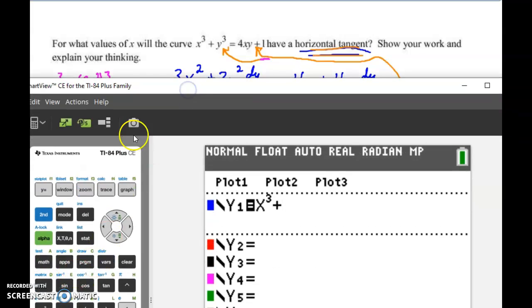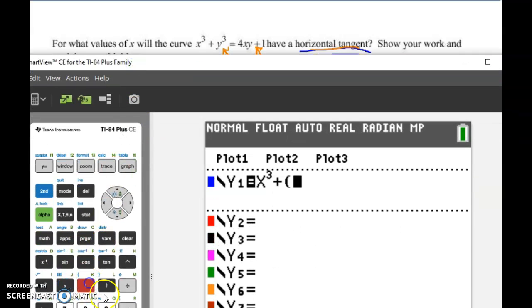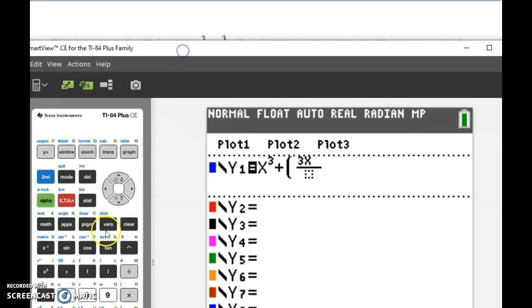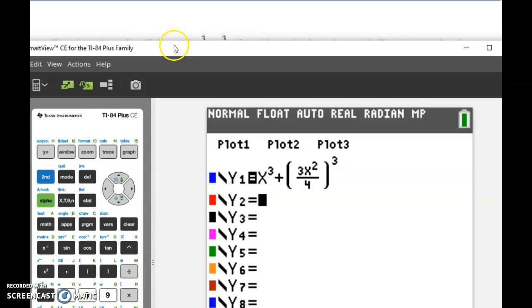Plus, I'm just going to put it in parentheses so I don't mess it up. As a fraction, 3x, I already forgot what it was, squared over 4, and that quantity was cubed.